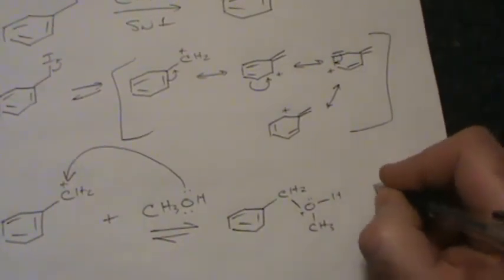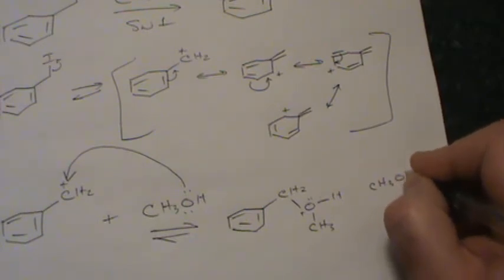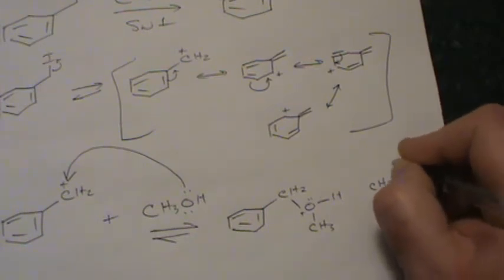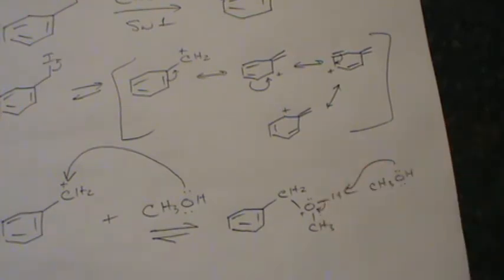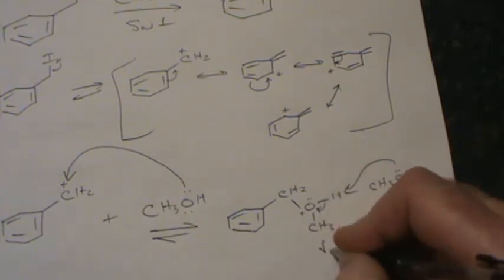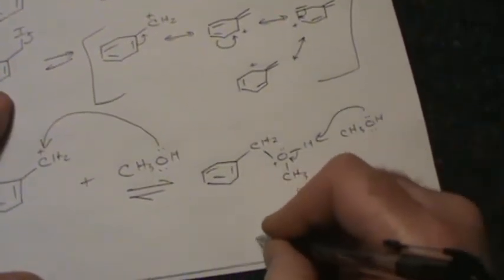But of course there's trillions and trillions of alcohol molecules around. It is the solvent, and so one of them will come and deprotonate this oxonium ion to give me my final product.